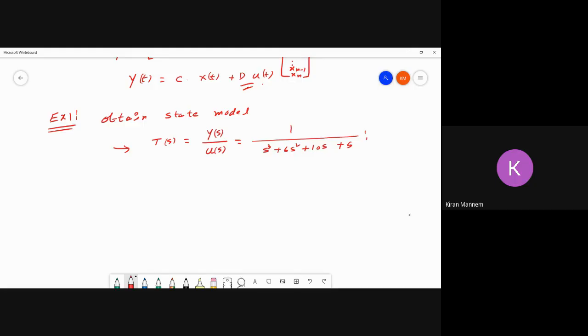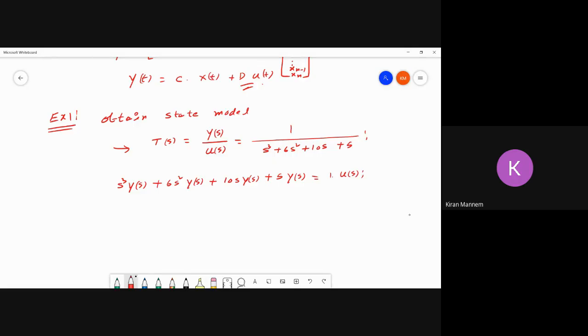You will get s cube into Y(s) plus 6s square into Y(s) plus 10s into Y(s) plus 5 into Y(s) is equal to 1 into U(s). Now, how do you get the time domain equation? Just take the inverse Laplace transformation.